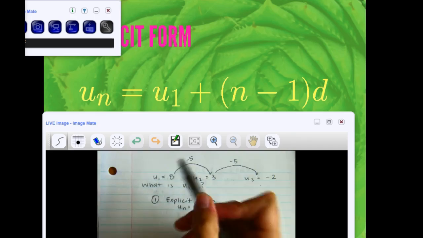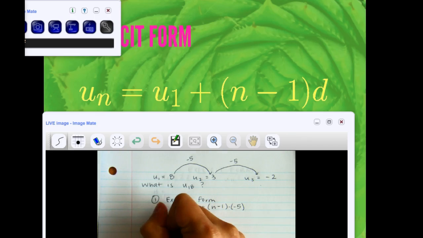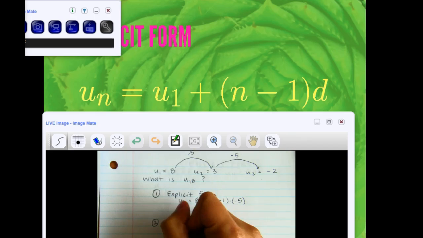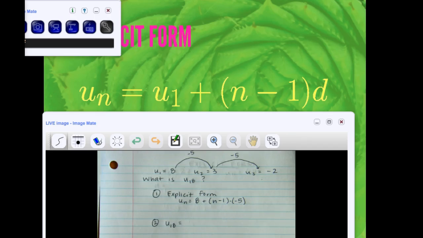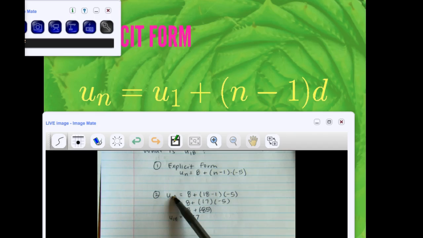Now that I have my explicit form, I want you to substitute in and solve: what is u sub 18 equal to? Go ahead and pause. For u sub 18, I'm going to substitute 18 in for n. When I simplify that, I'll end up with 8 plus negative 85, so my final answer for u sub 18 will be negative 77.